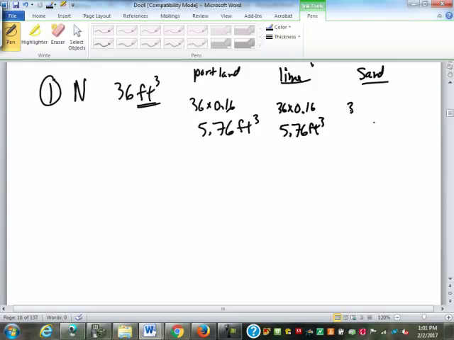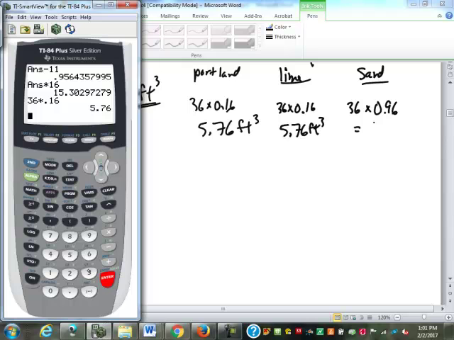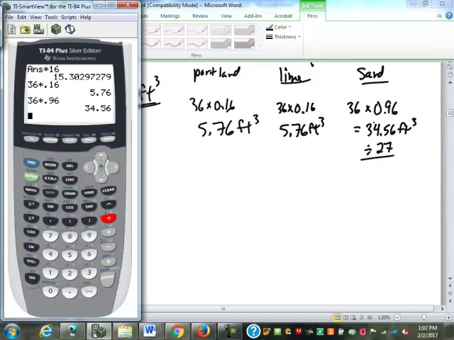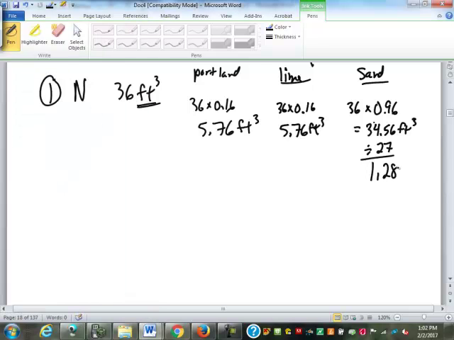So for the sand, we're going to do 36 cubic feet times 0.96, which gives you 34.56 cubic feet. To turn cubic feet into cubic yards, you divide by 27. In other words, 3 by 3 by 3. So 1.28 cubic yards of sand. So that part's not so bad, right?